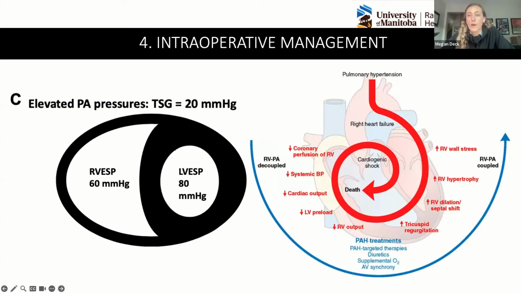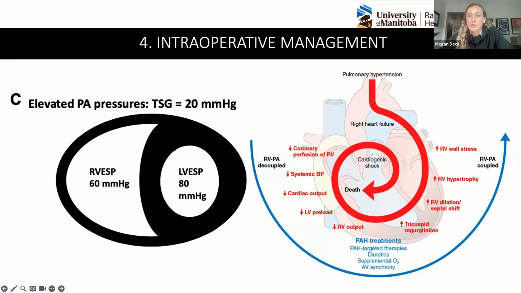So knowing that, why does the RV fail in the context of pulmonary hypertension? The RV fails due to pressure overload with progressive increases in RV afterload resulting in RV to PA uncoupling. This is the process whereby RV contractility cannot increase to match increases in afterload, resulting in right heart failure. In the figure on the left, we can see how an increase in RVSP causes RV dilation and flattening of the interventricular septum.